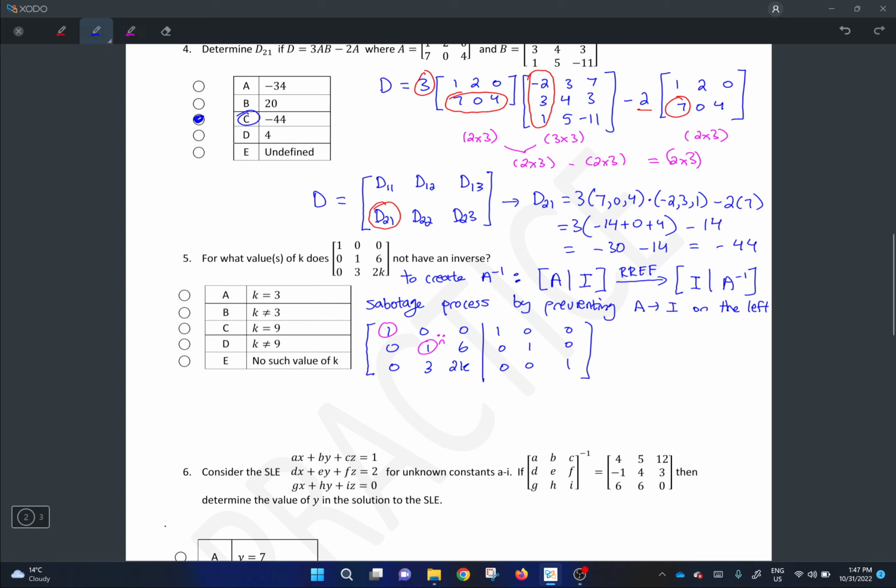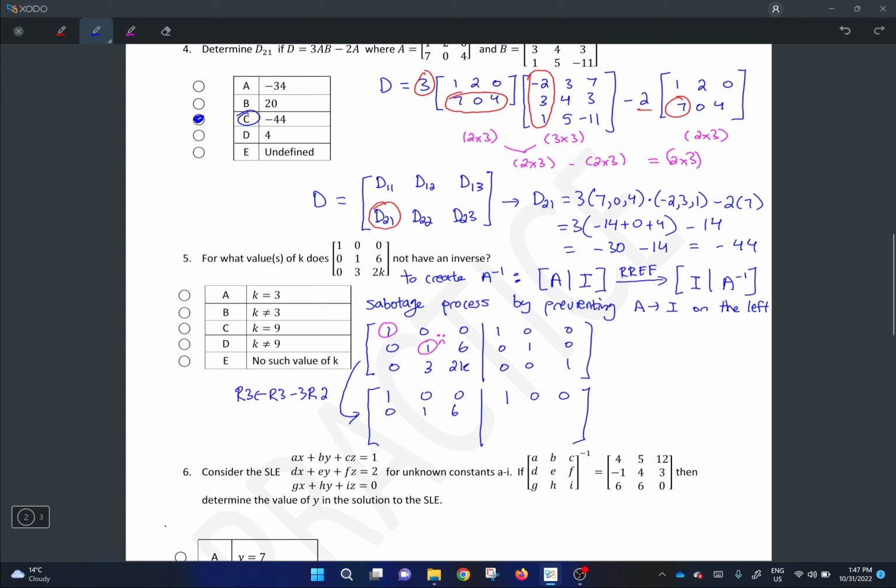My first step is I'm going to replace row 3 by row 3 minus 3 row 2. So row 1 will stay the same. Row 2 stays the same inside this step.